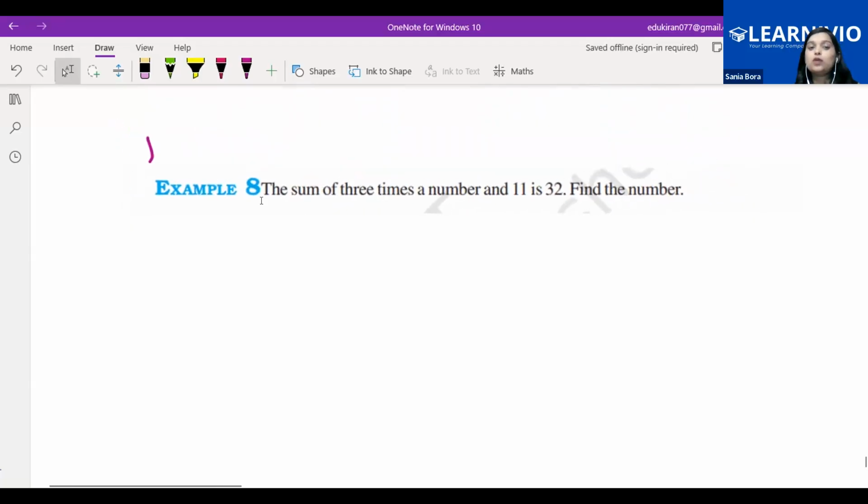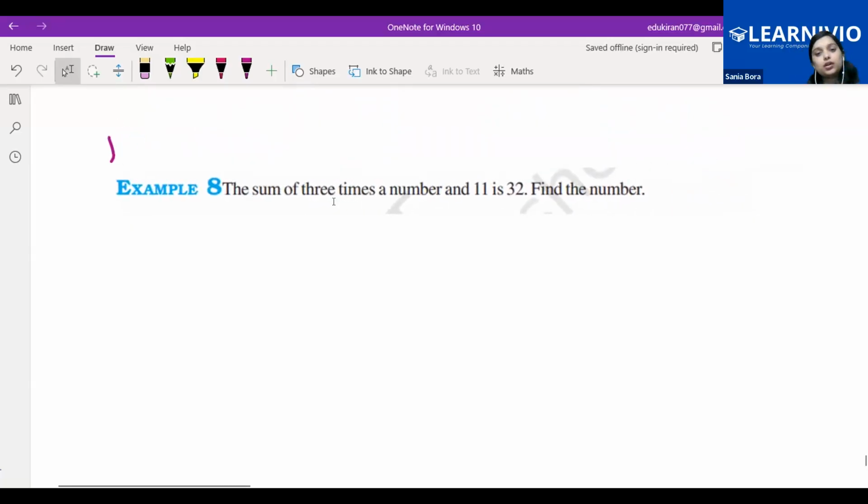Now this one. Over here, the sum of 3 times a number and 11 is 32. You have to find the number. Earlier you were only framing the statements and the equations, right? Now you have to solve it. So solve it quickly and tell me the answer.